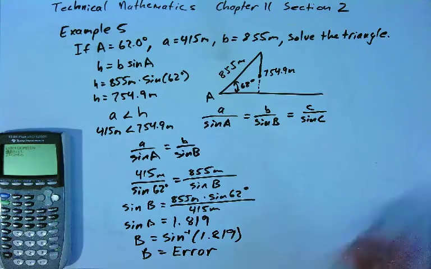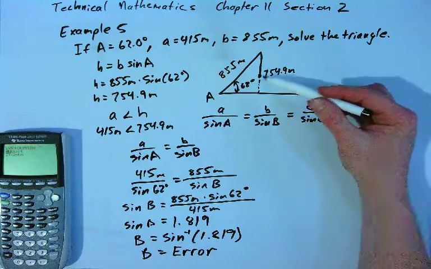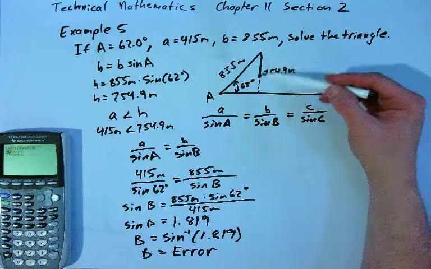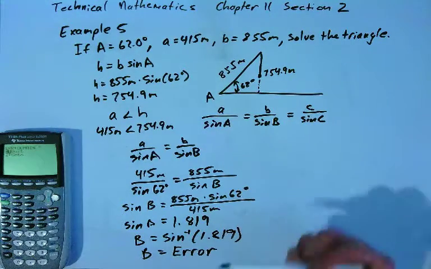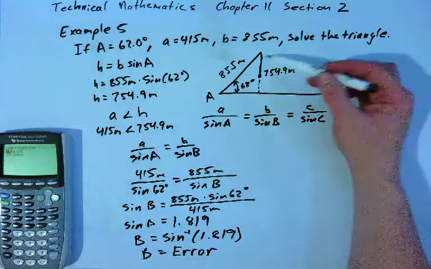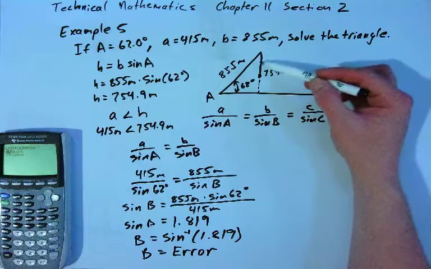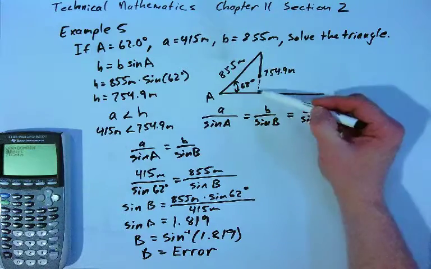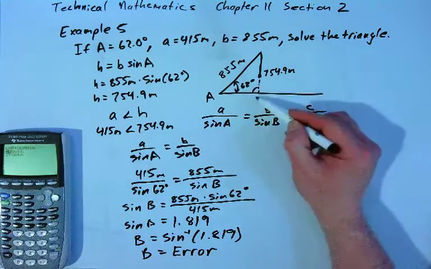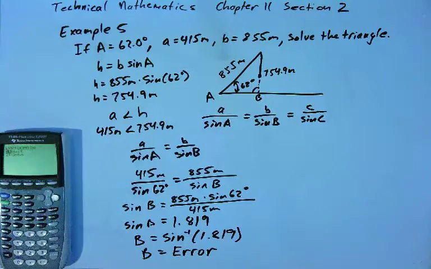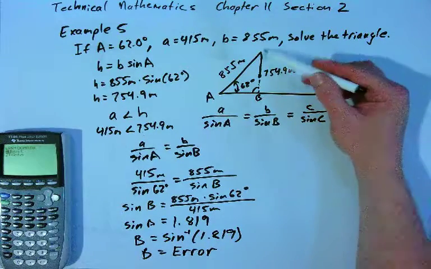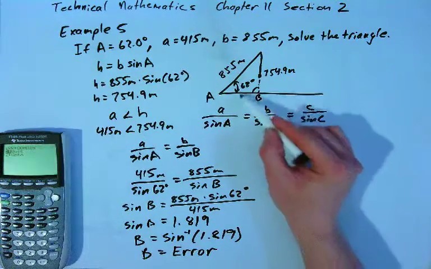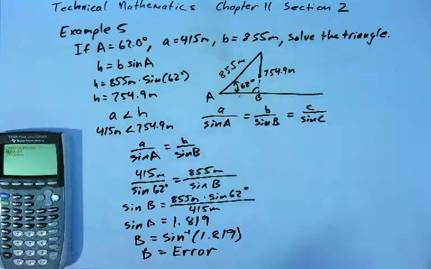And so that confirms our suspicion that there was no solution to this triangle. a is simply not long enough. The angle for b is not possible. There is no angle that we can make angle B, which is actually this angle down here. There's no angle that angle B could be to make this side reach this side if this angle is 62 degrees and this side is 855 meters long.